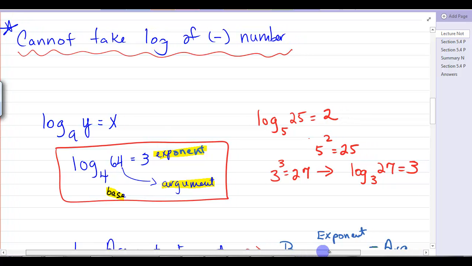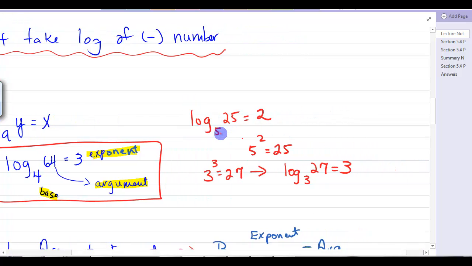Okay? So if we had log base 5 of 25 equals 2, and we wanted to rewrite it as exponential, this form is the exponential. This form is the log form. So base to exponent equals argument. Base to exponent equals argument.